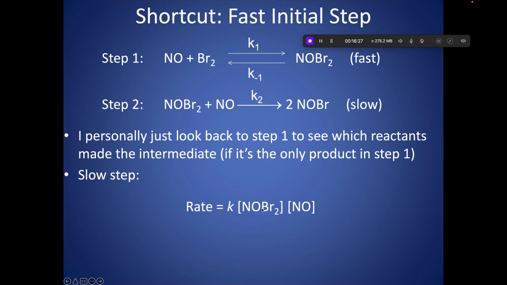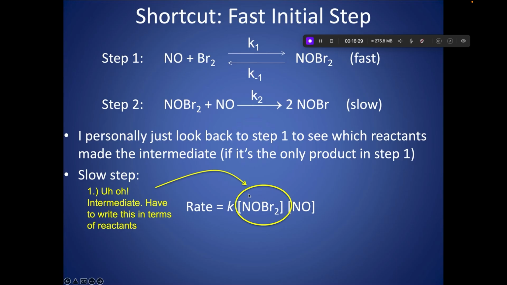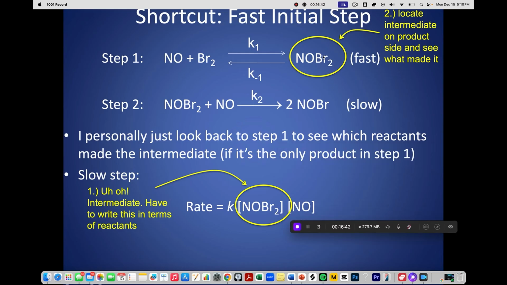Oh, wait a minute. And then I say, uh-oh, there's an intermediate. So be on the lookout if you wrote an intermediate. NOBr2 gets canceled out. It's not in my overall reaction. I don't want it there. So all I do is I go up and I say, let me find that intermediate where it's first made. And let me see what made it. Oh, NO plus Br2 made NOBr2.